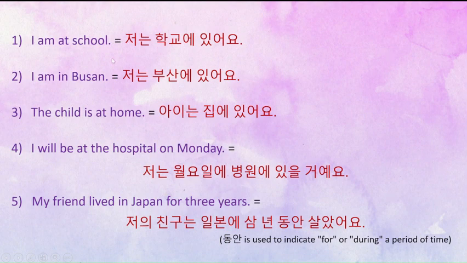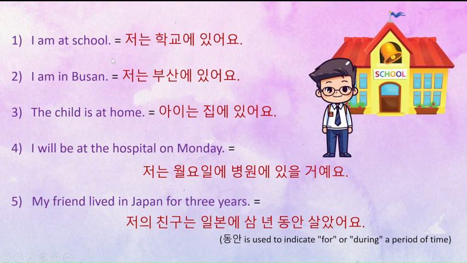Now first example is I am at school. Here the speaker is saying that he's at school. So here you have to denote the location, which particle will be used? 에. Okay, so in Korean it is going to be 저는 학교에 있어요.